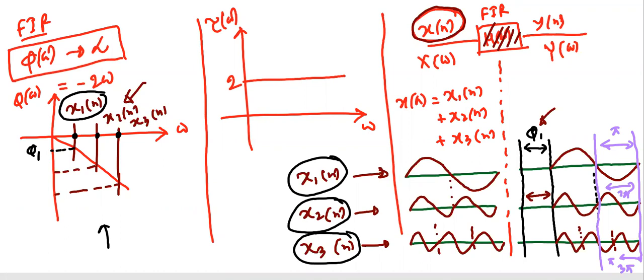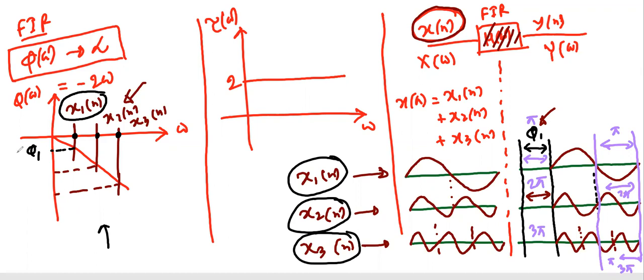Similarly, if we make the delay for the first signal like this, and the delay is pi here, what is the delay for x2[n]? That is twice pi. And what is the delay for x3[n]? That is thrice pi.